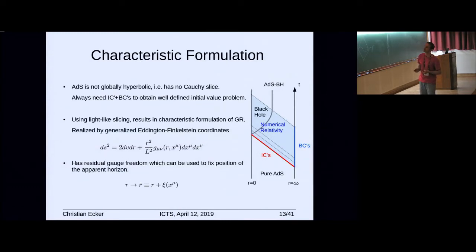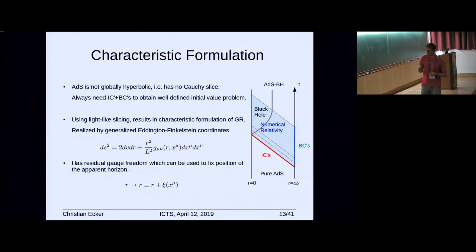This residual gauge freedom means that you can send the radial coordinate to the radial coordinate plus some arbitrary function of the coordinates x, and the Einstein equations are invariant under this transformation. What this allows you is to rescale the radial coordinate on each slice in such a way that the horizon in the bulk is fixed at a certain value, let's say 1.